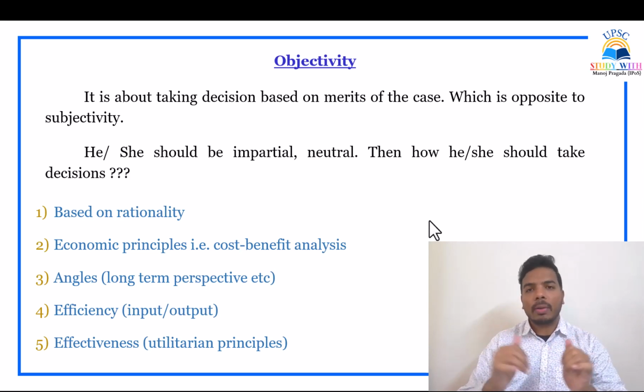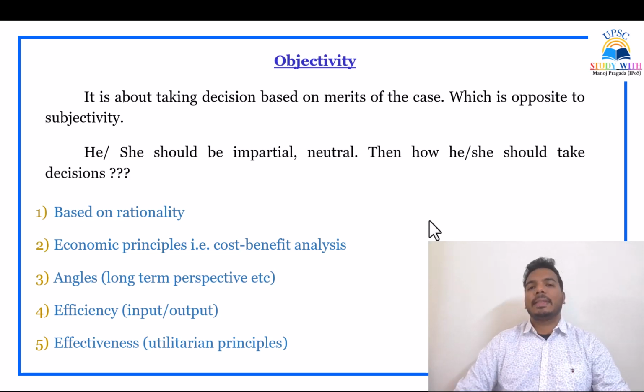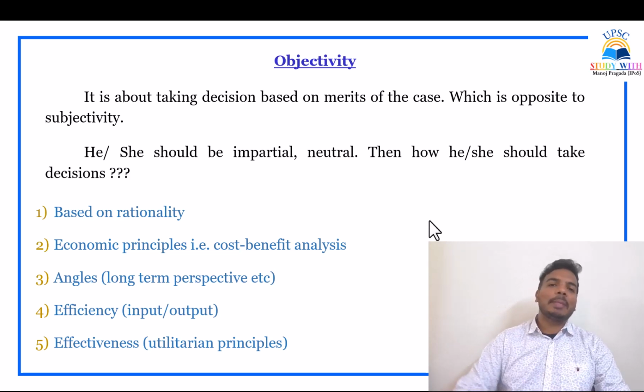All these are the stakeholders. So, in whichever position you are, wherever you are, whatever be the situation you are in, you should always take decisions based on the merits of the case.